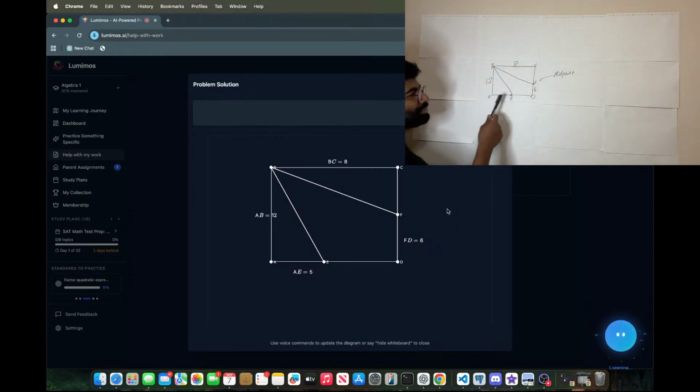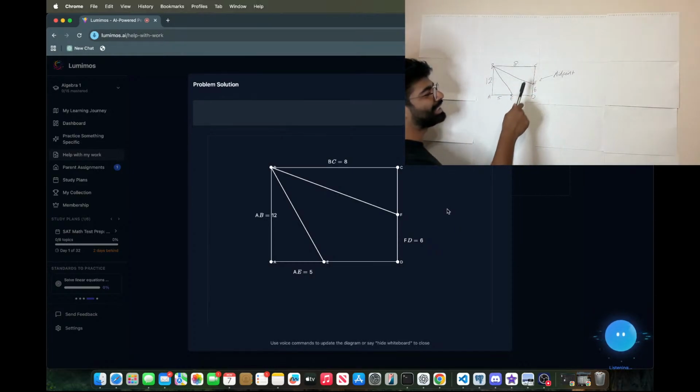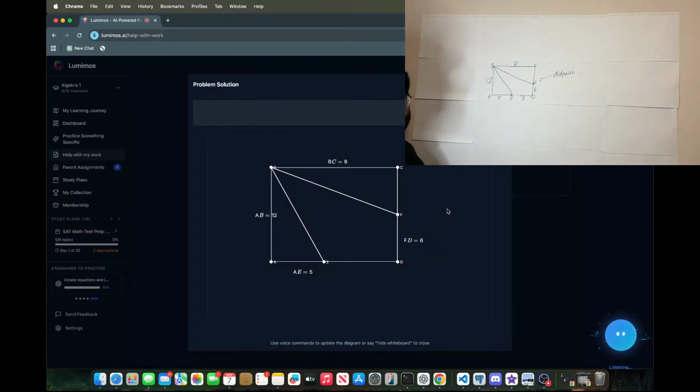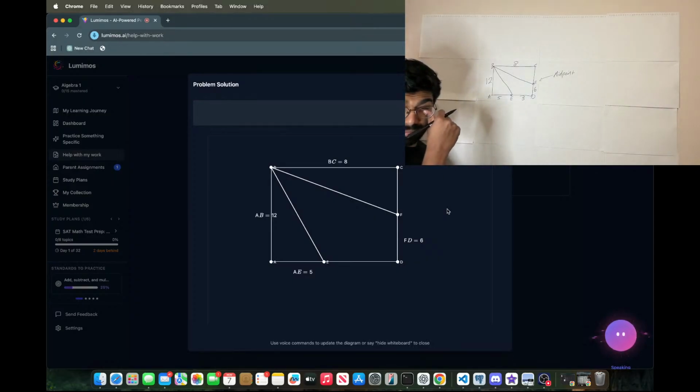If AE is 5 and BC is 8, then ED has to be 3. Perfect. Since AD equals 8 and AE equals 5, then ED equals 3. So now we have two sides of the quadrilateral: FD equals 6 and ED equals 3.